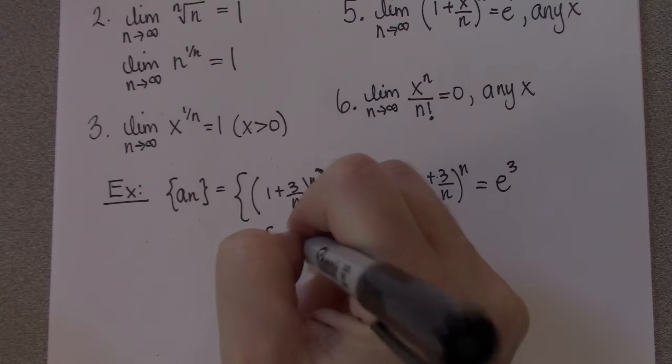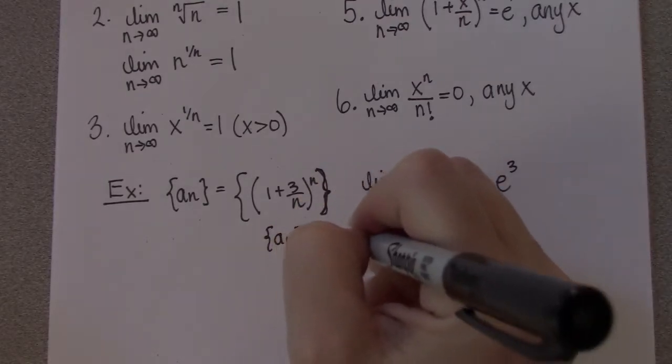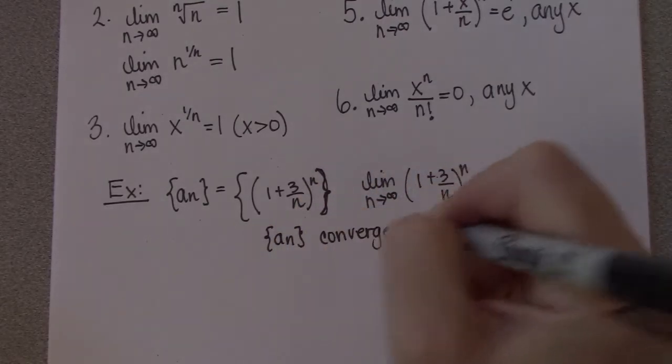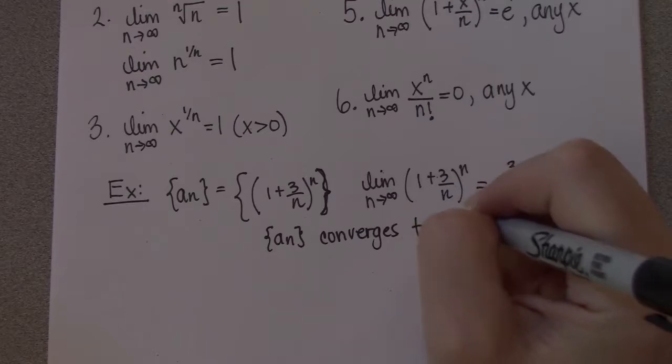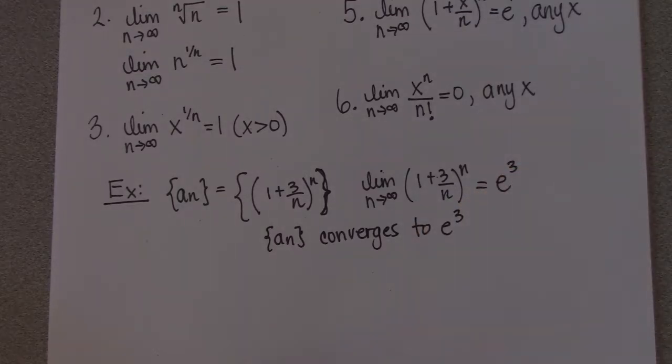So now I can say a sub n converges to e cubed. Now with this limit, if you flip the ratio in the limit, you should flip the answer, okay?